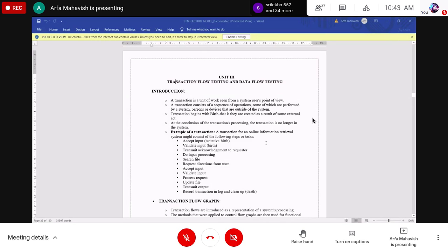So look, the transaction flow graph is introduced as a functional model. Keep this in mind: functional model, and the control flow graph is introduced as a structural model.